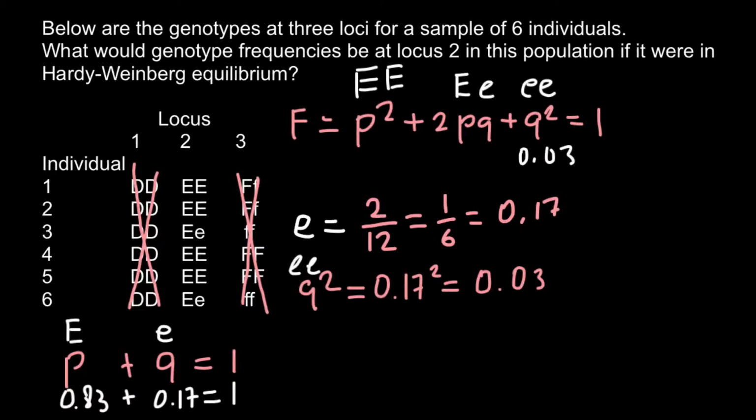0.03. And now we can find the frequency of the heterozygous genotype, that is 2pq, capital E and small e.